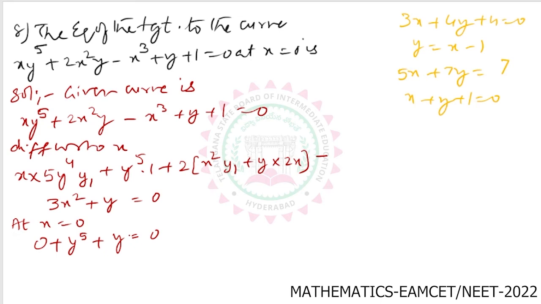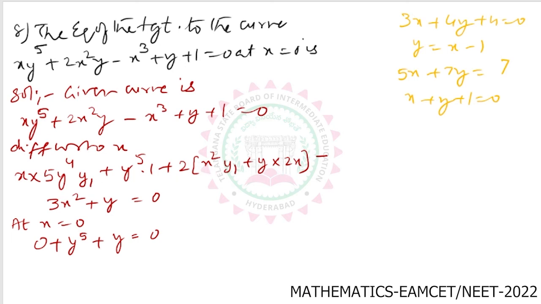So it means that I am getting only y power of 5 plus y is equal to 0, into some dy by dx is also there. So x is 0 means this part will be 0. So plus y power of 5, plus this is 0, this is 0.